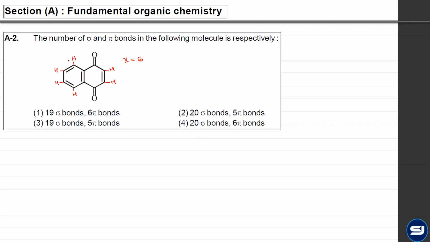So 13 तो पहले के थे and 6 more with the hydrogen will be equal to 19. So there are 19 sigma bonds and 6 pi bonds. ऐसे टाइप के क्वेश्चंस भी आते हैं where identifying the correct number of sigma and pi bonds is asked. The correct answer to this would be option 1.